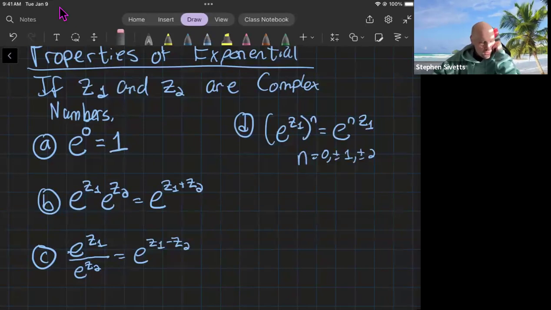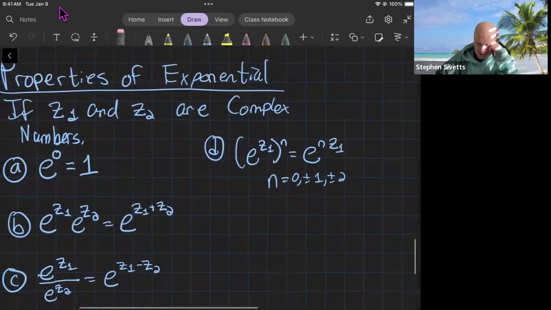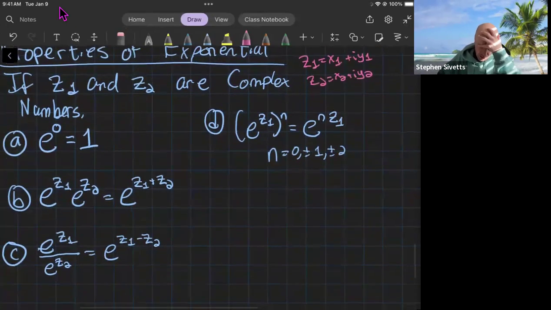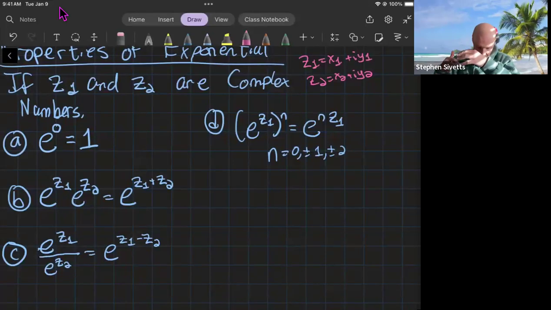These properties are relatively easy to show. Just let z1 equal x1 plus iy1 and z2 equal x2 plus iy2. Then you're just adding the real and imaginary components, using properties of exponents you've seen in college algebra.